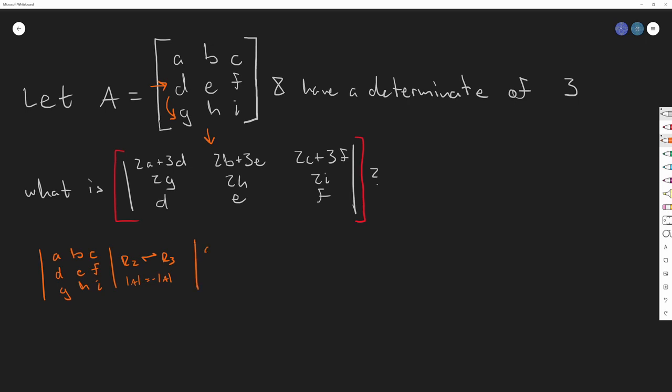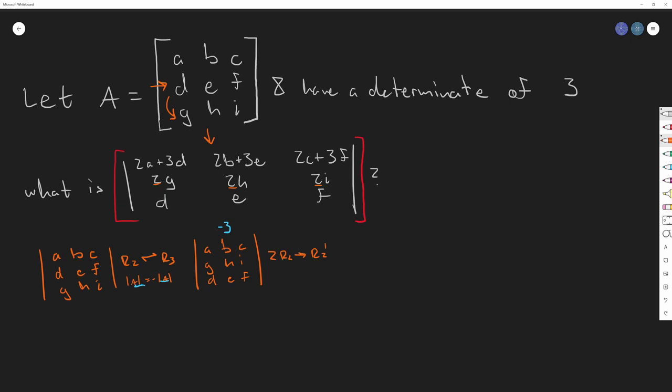And what ends up happening is we get A, B, C, and then G, H, I, then D, E, F. Now this is going to be equal to, we're going to keep track of the determinant, and we're going to make this in blue, 3 times -1, which is -3. Then we see that the second row has now been doubled, so the new second row is twice the original value.